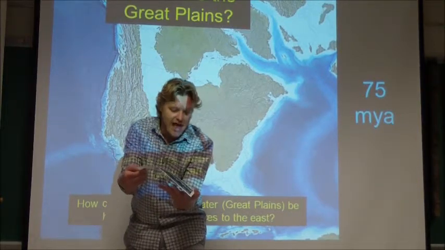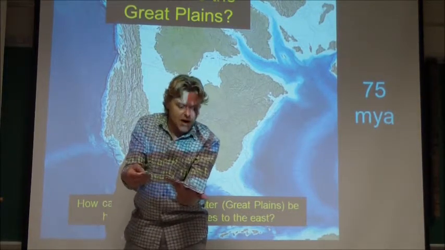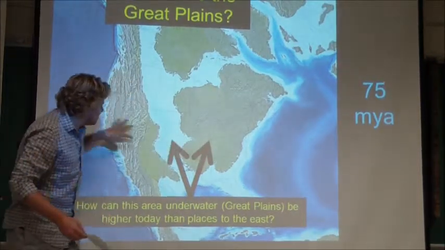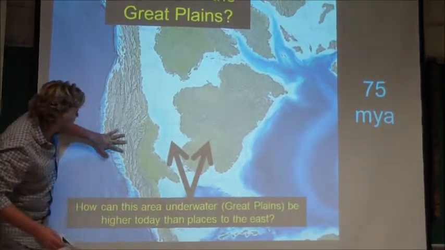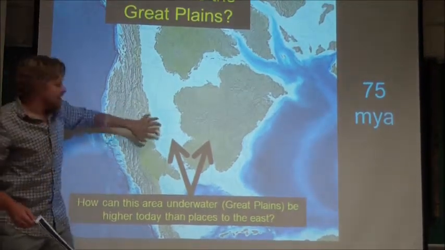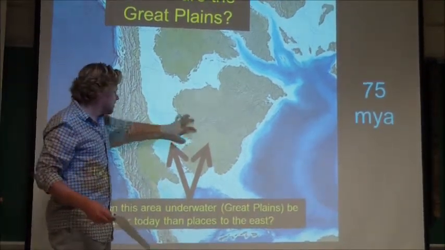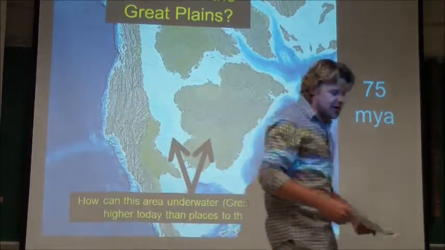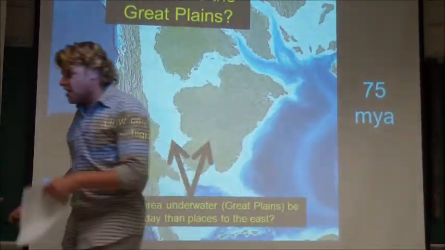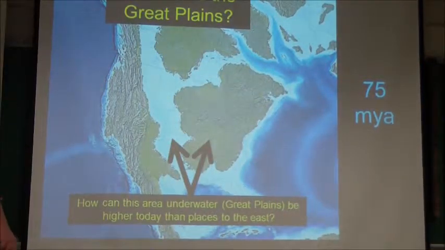That's why the Great Plains now are at a higher elevation than these areas, because they've been lifted. As this plate comes underneath here, it's forcing up and lifting, so this is actually at a higher elevation today than that area there. The glaciers do play a role, and we're going to come back to them, but we're not going to give them all the credit yet.